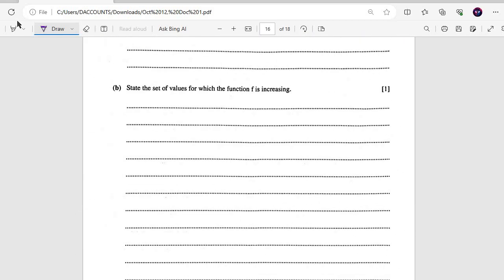The last one states a set of values for which the function is increasing. For an increasing function, dy/dx is greater than or equal to 0. From the previous question, this is the dy/dx, which should be greater than or equal to 0.